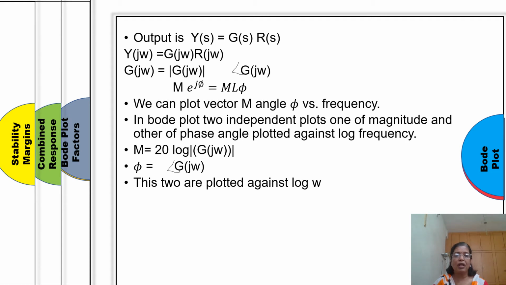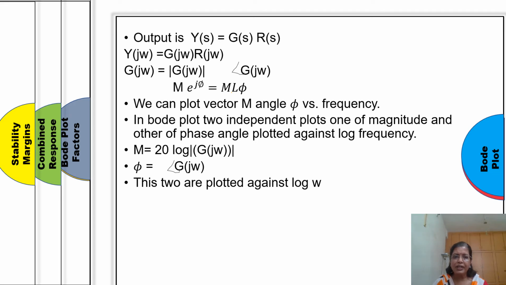So Y(j omega) is equal to G(j omega) into R(j omega). Now G(j omega), as we know, is a complex term, therefore this G(j omega) is represented by the magnitude of G(j omega) and the angle of G(j omega).